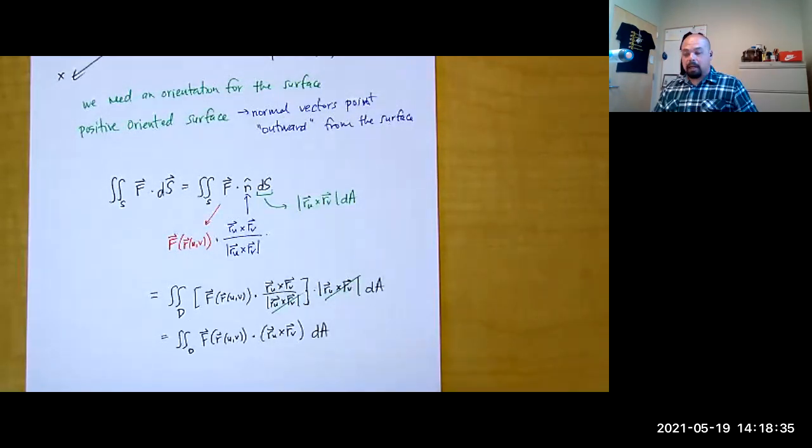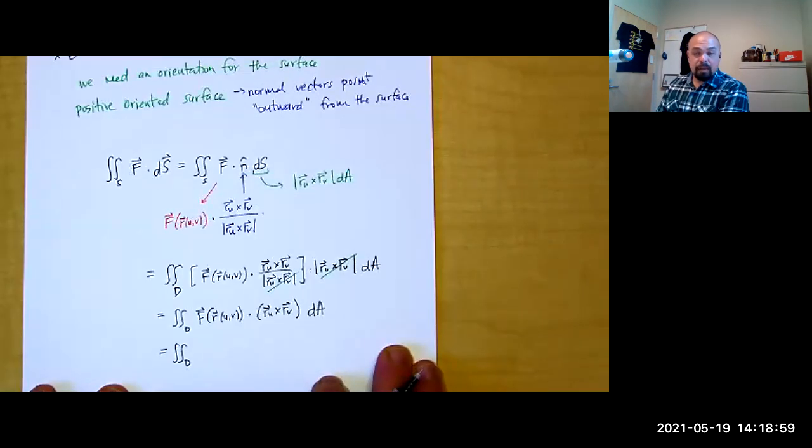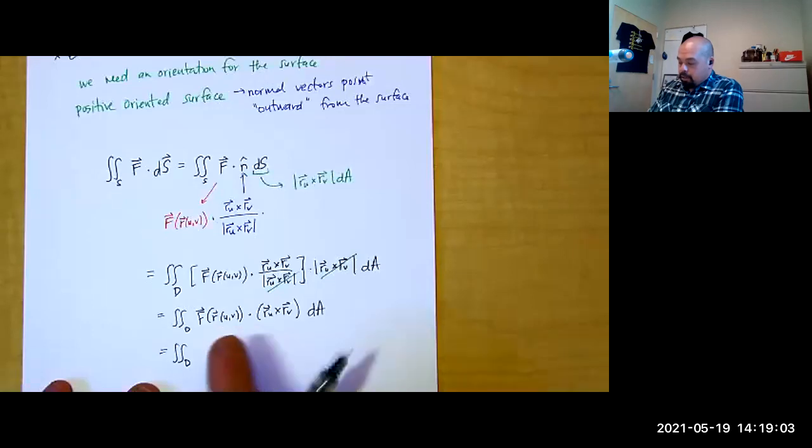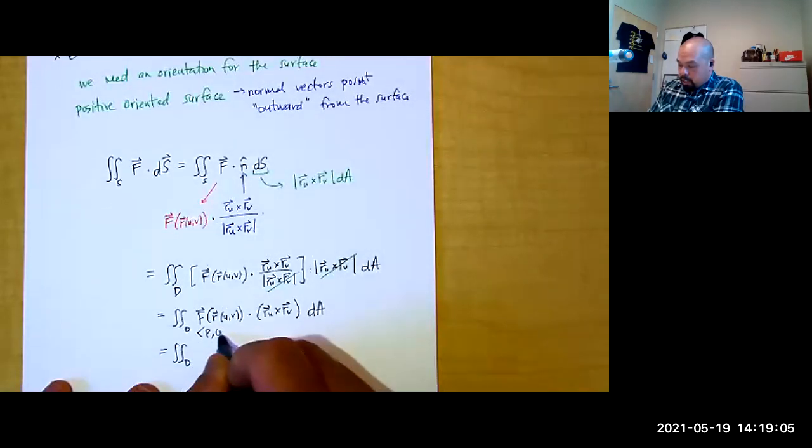Again, I know it's a long process parameterizing and getting through, but as we start to do the dot product with this cross product, okay, in turn, this becomes, again building from our surface integrals, the surface area we did in the previous lecture, this, all right, this is kind of like our PQR.